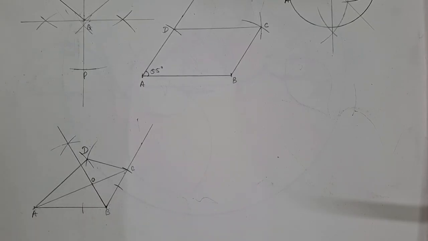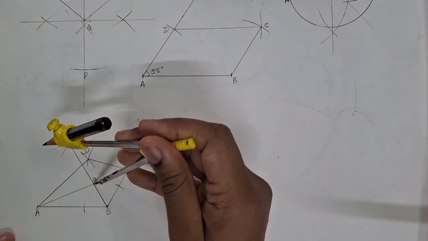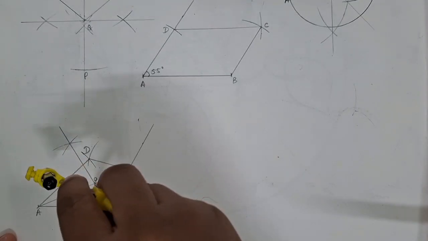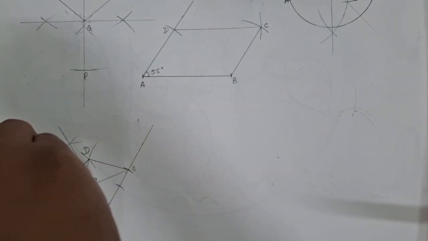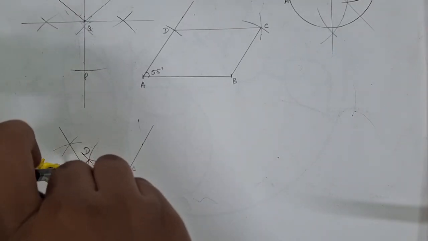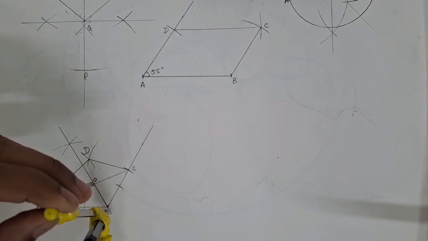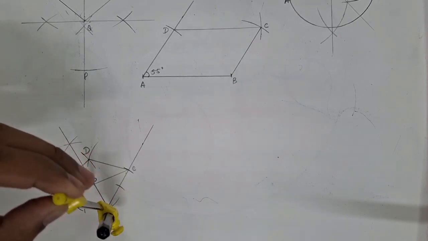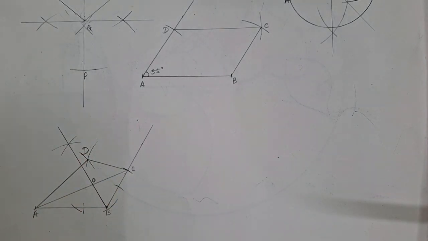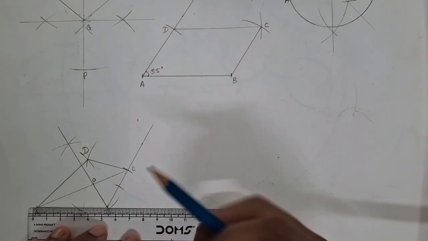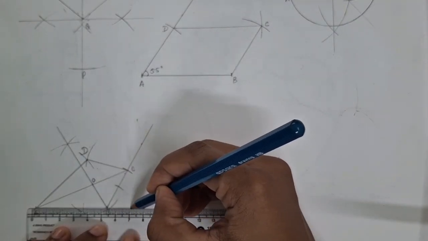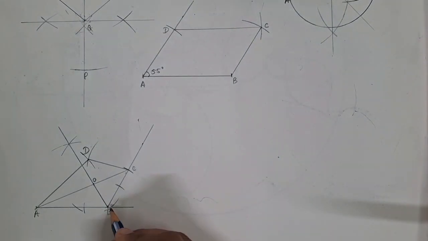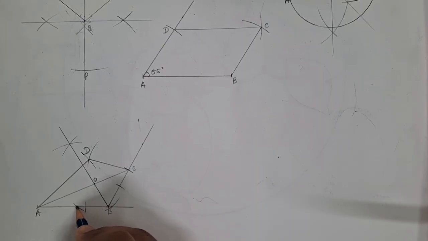We already had this type of sum in the elementary exam. So from point O, I will have to make 2 arcs, but I don't have enough line over here, so I will just extend this line AB, which is the base of the rhombus. So I have got these 2 points.